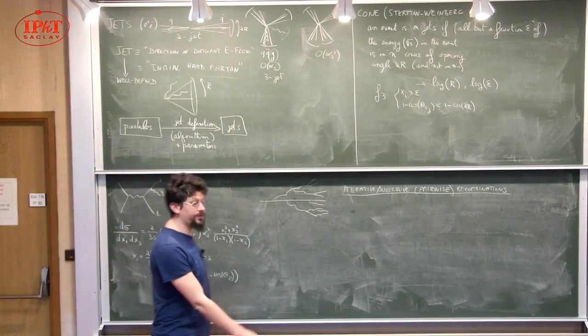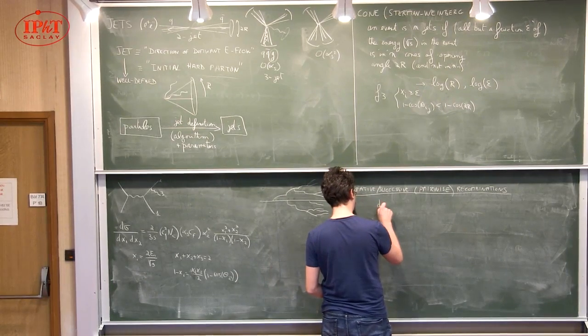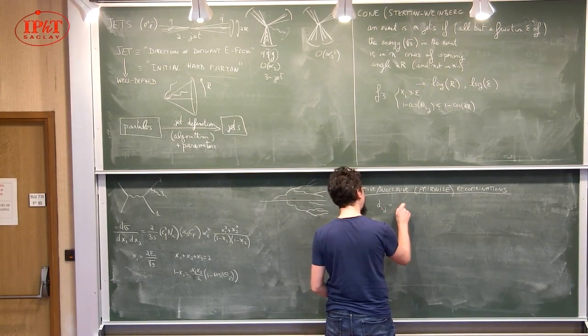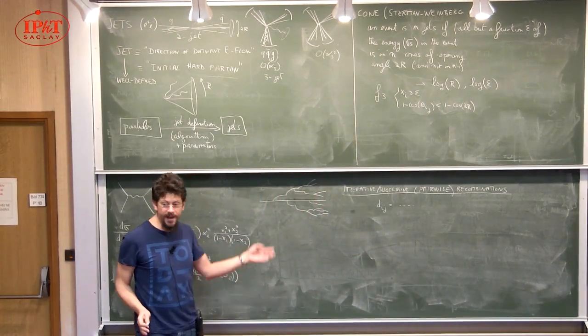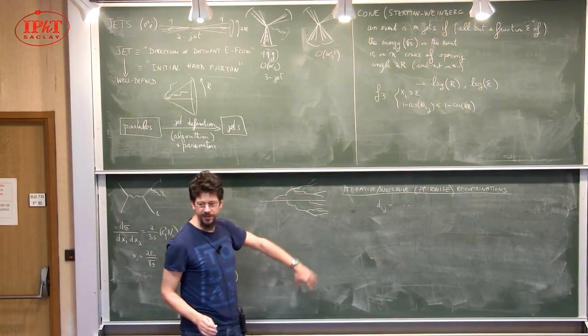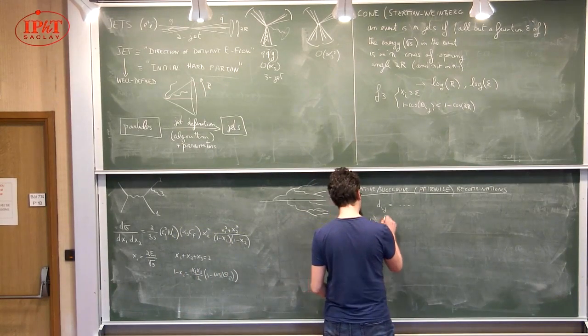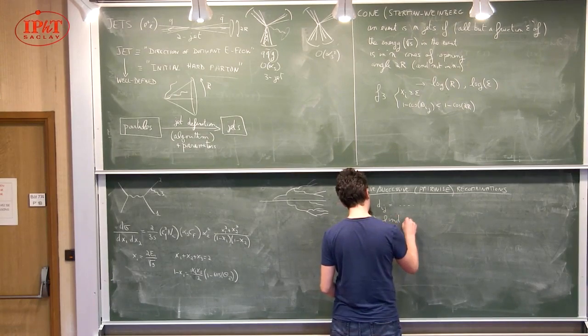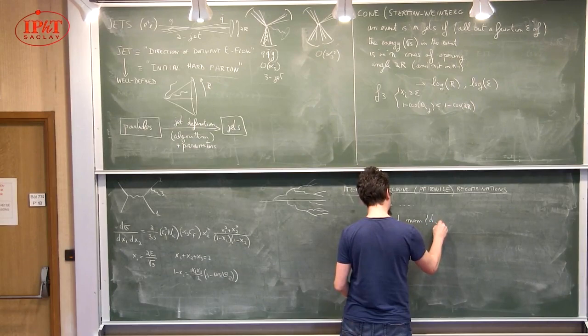To do this, I'm going to define a distance. Let me call it dij and leave that hanging at the moment. I'll come back to this later. So you define a distance between any pair of particles in your event. And what you're going to do is first find the minimum of all these dijs.